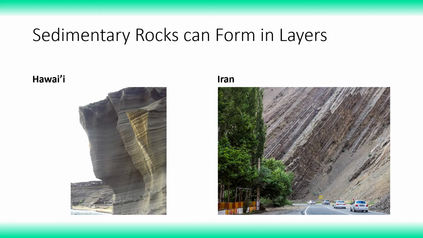And we can see here that these sedimentary rocks tend to have a very distinctive texture to them in that they often form in layers. And the reason for that is that you need an original layer of sediments that, hang on, let me try drawing this a little bit better.